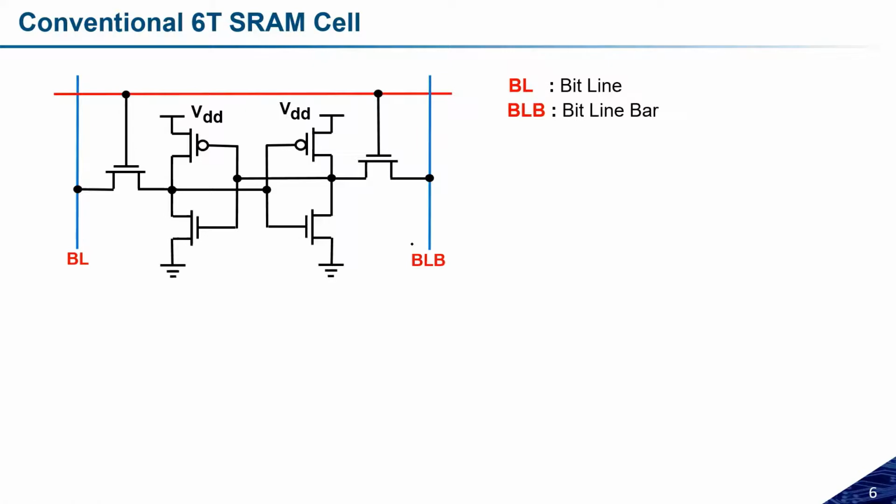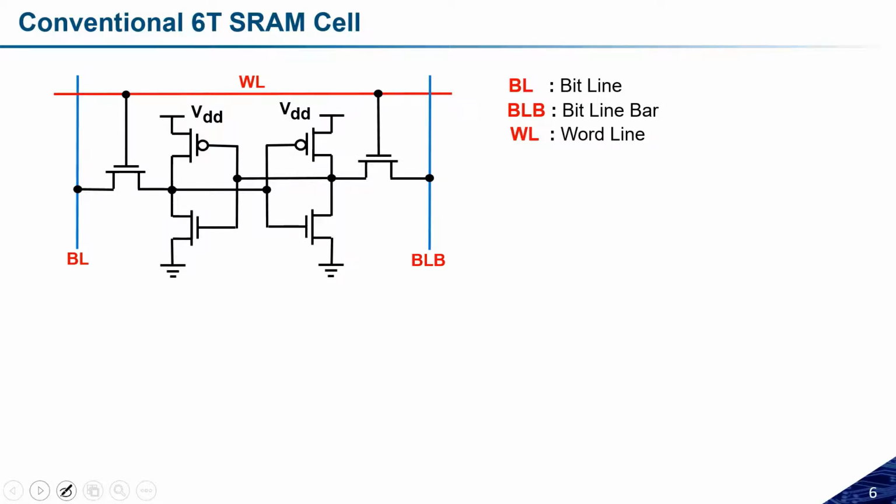The second one we call the bit line bar. The bit line and bit line bar are complementary to each other, because we have different storage nodes: at one node we have Q, and on the other side we have Q bar. Accordingly we need to change the bit lines as well. The third terminal, which we have connected to the gate of both the access transistors, we call the word line.